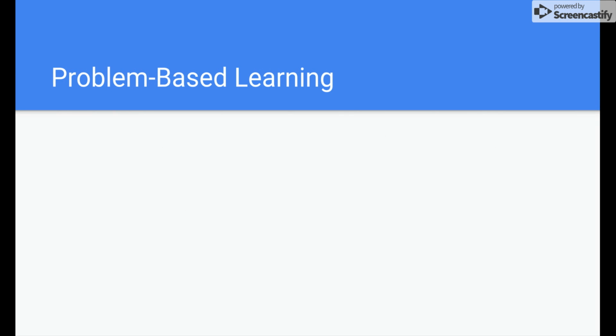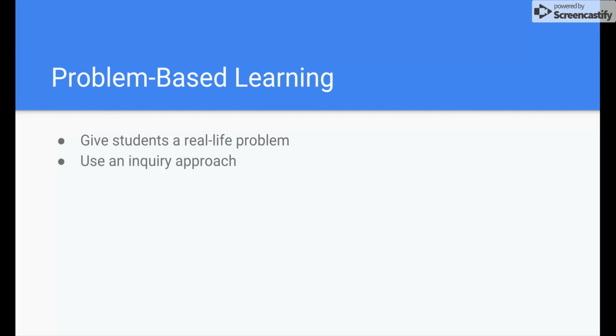So we're going to focus first on problem-based learning. With problem-based learning, you're giving the students a real-life problem to solve. And once they have that problem, they're going to use an inquiry approach. So they're going to combine sources that they know or research new sources, and ask questions and try to solve this problem in a multitude of ways.